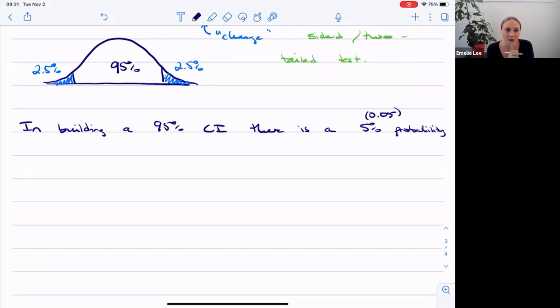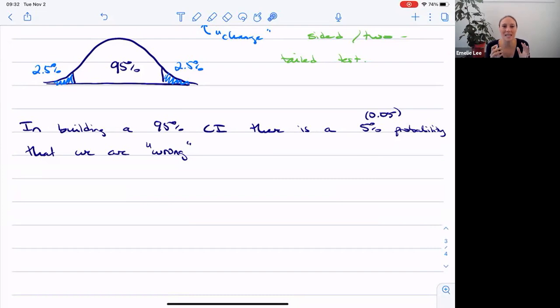So in building a 95% confidence interval, there's a 5% probability that we're wrong in rejecting H naught, for example. In the previous case, there's a 5% chance that we shouldn't be rejecting H naught, that it came from a population where the proportion is 0.57, and we just happen to see an extreme result. That's one of the scenarios that could have happened here.